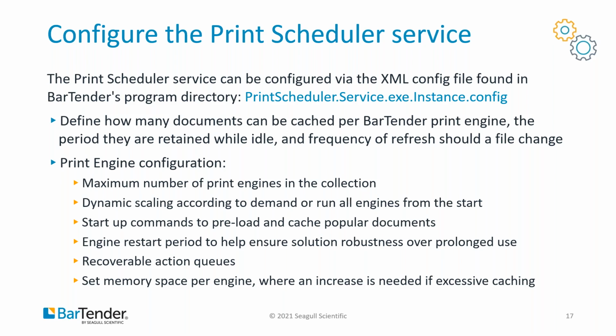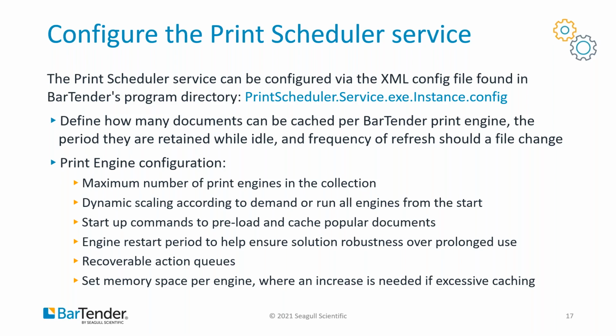And lastly, we can set the memory space for each engine. This is a space of memory that's used by a print engine for its own internal requirements. Essentially, you would leave this as the default.